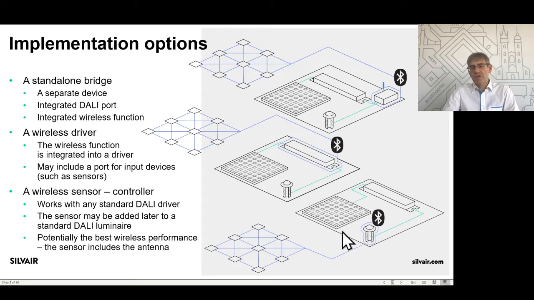There may be a standard luminaire with the DALI driver inside, which is not a networked smart luminaire, but it has the option to add this wireless sensor controller later. So a system like that can be upgradable, and it can be upgraded to provide this smart functionality at any point in time.